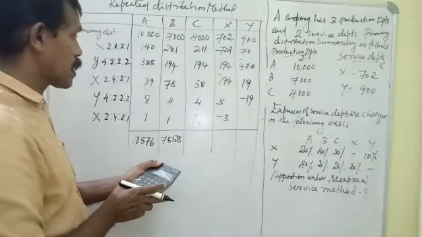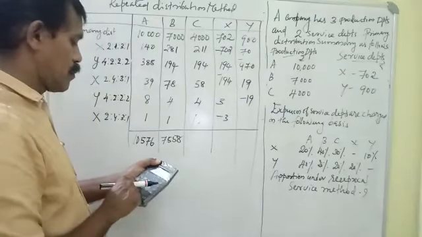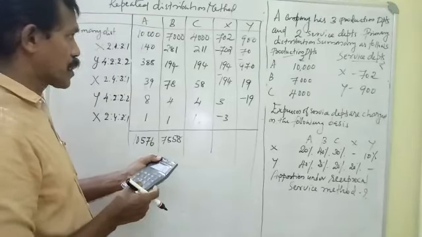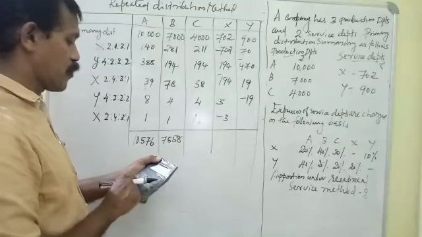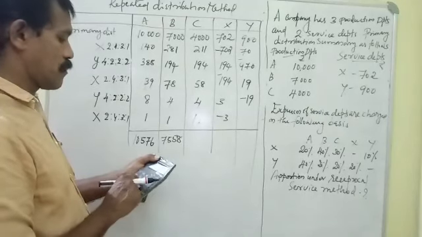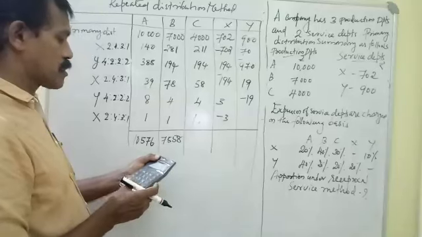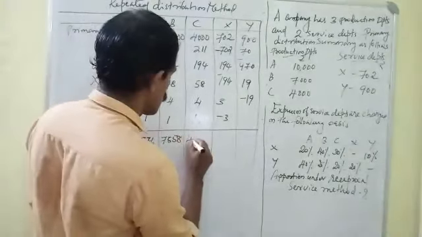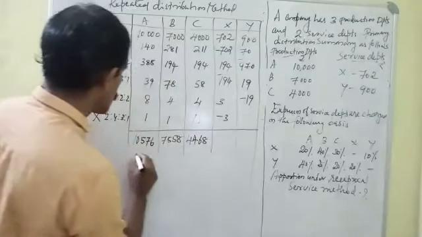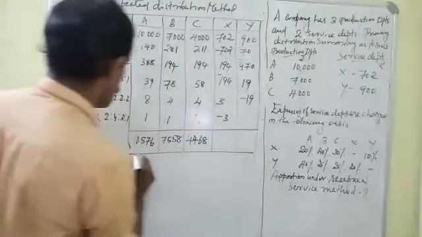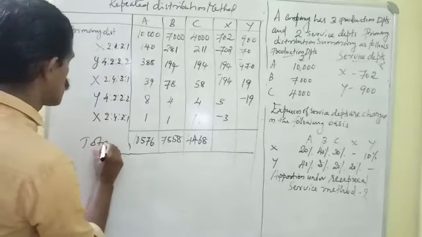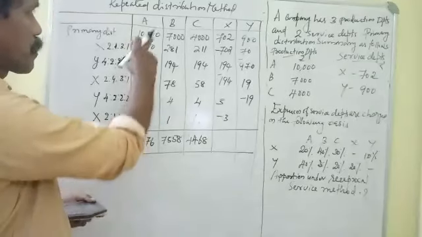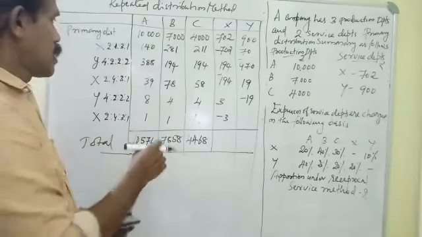In case of C, 4,000 plus 211 plus 194 plus 58 plus 5, that is equal to 4,468. This is the total we find out by the repeated distribution method.